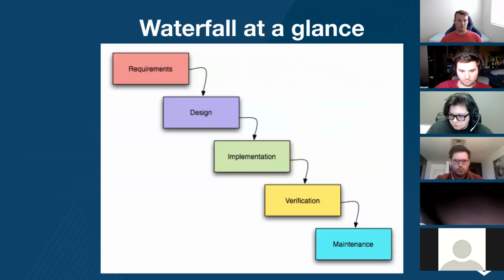So this is just waterfall at a glance. You come up with the requirements for the project. Then the next step is you design everything, the entire product. Once the designs are all in place, then you implement those designs, you code it out and program it. Then you go into testing, and then you go into maintenance.